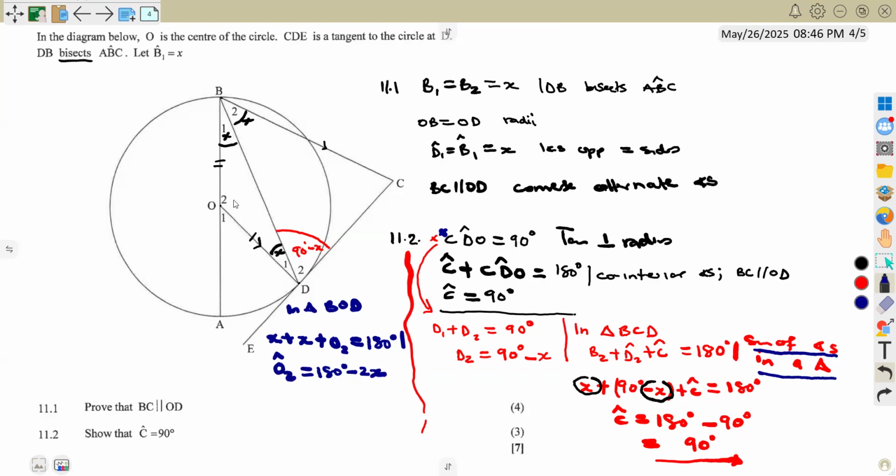Then, when we now have this O2 to be 180 degrees minus 2x, we consider the quadrilateral BODC.